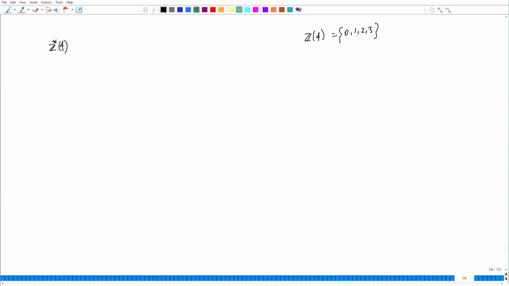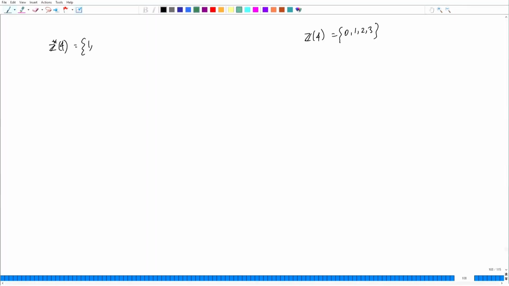And 1 into 1 is 1, 1 minus 1 is 0, divisible by q. So, this is 1. And now, 2 is obviously, whatever you multiply, an even number. So, you subtract 1, it is an odd number, can never be divisible by 4. Now, if I take 3, 3 into 3 is 9. So, 9 minus 1 is 8, which works.